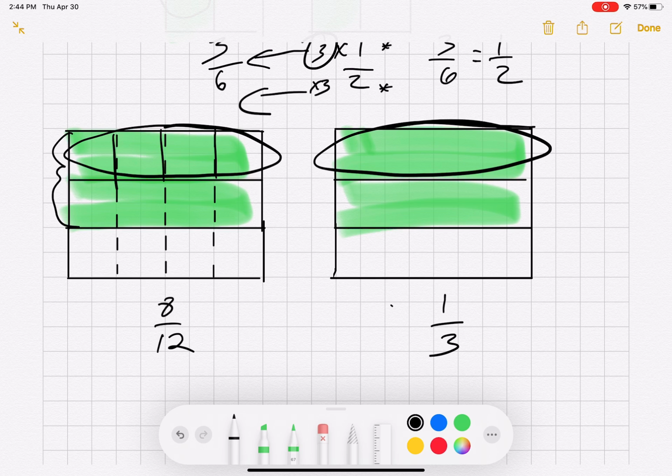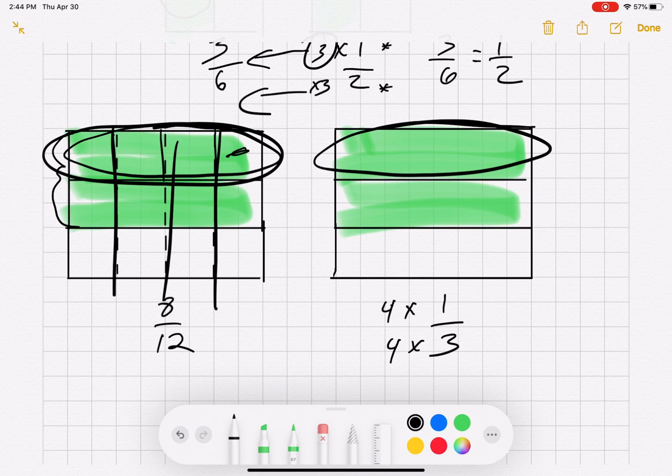So I'm going to look and compare the one section. I'm going to multiply by 4 because I've divided that into 4 more pieces. So here, here, here, here. And that would be 1 times 4 is 8, 3 times 4 is 12, and these are again equivalent fractions.